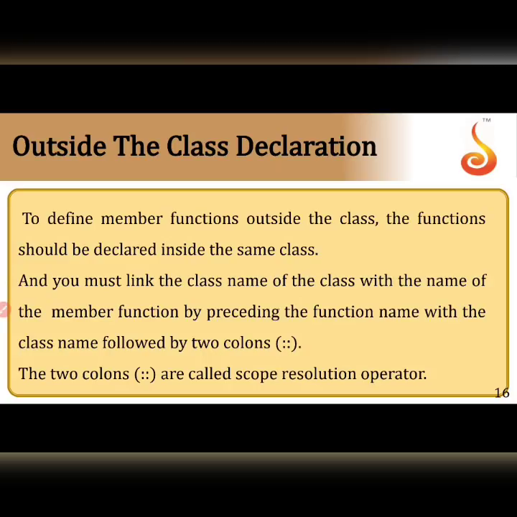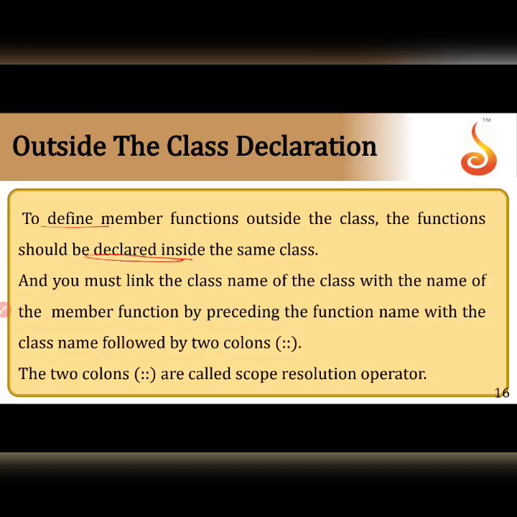The function should be declared inside the class and you need to define it outside. To define a member function outside the class, the function should be declared inside a class. Until and unless you declare a function inside the class, it will not be a part of the class.